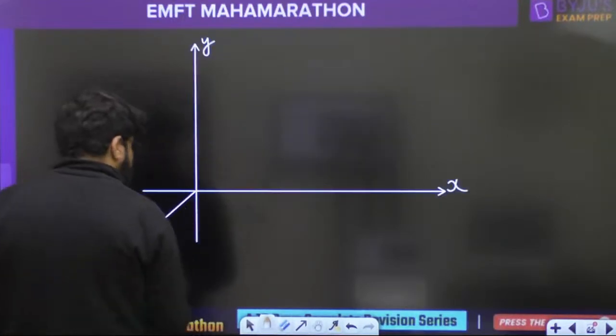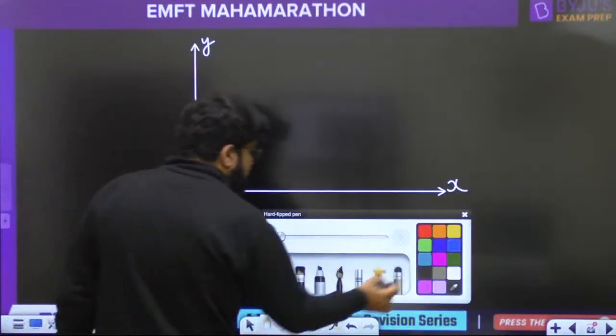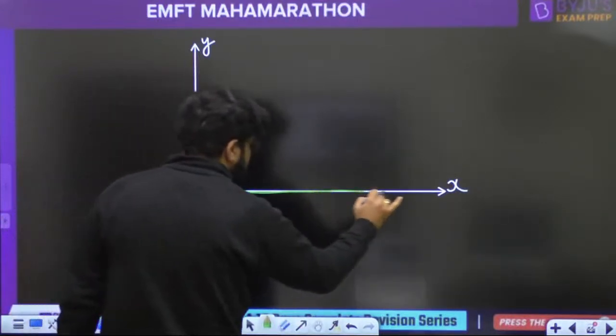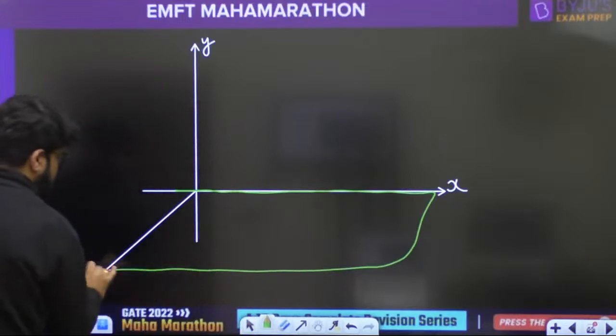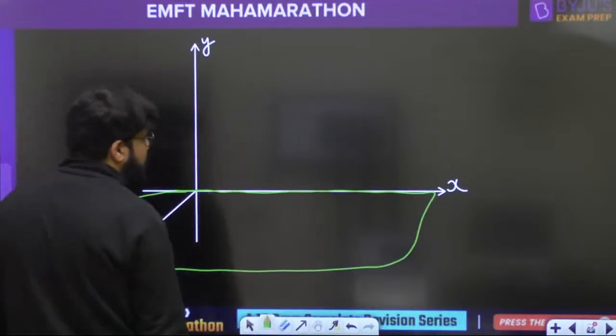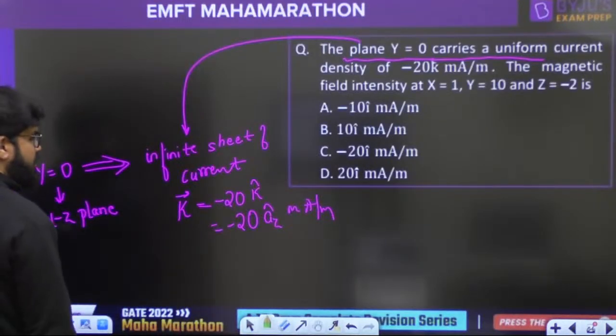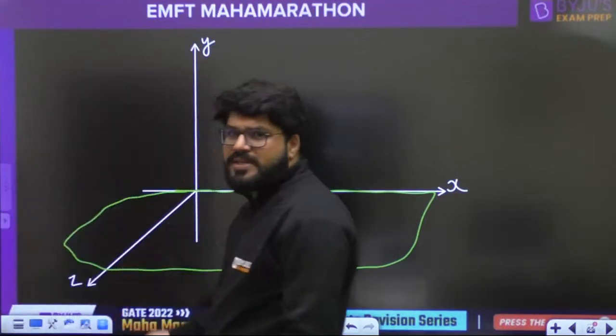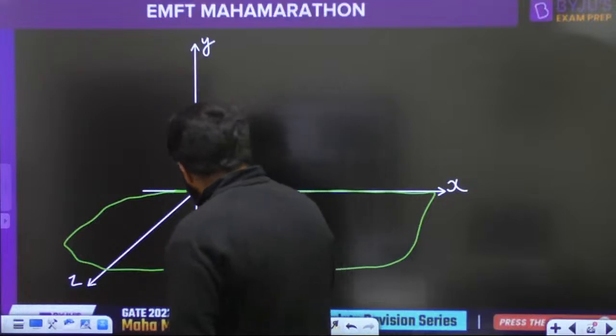So the y equal to 0 sheet, let's consider this sheet. It carries the current in the minus z direction. Okay, this is z, this is the positive z, outwards direction. So what is the minus z?